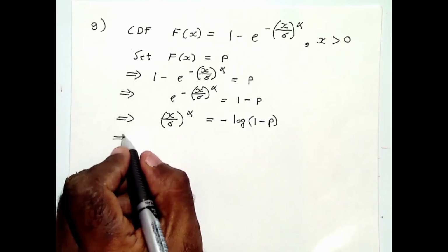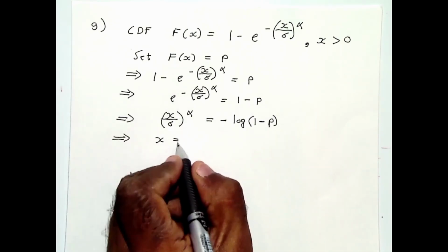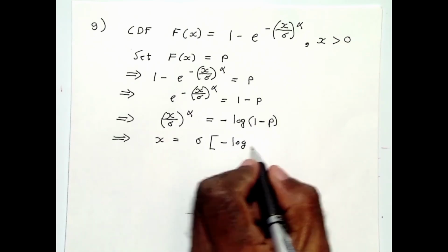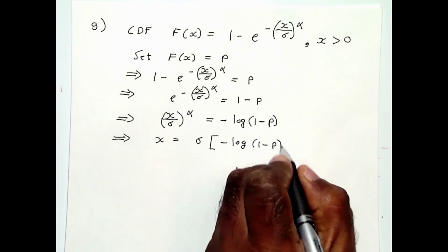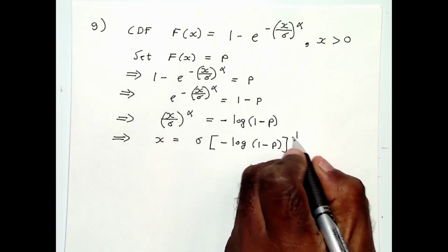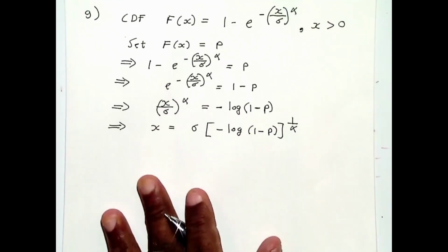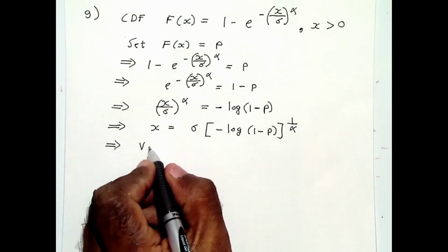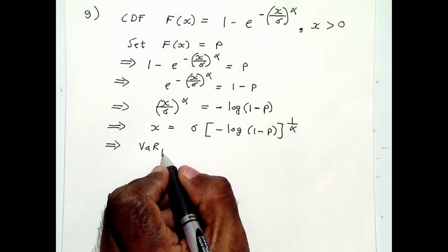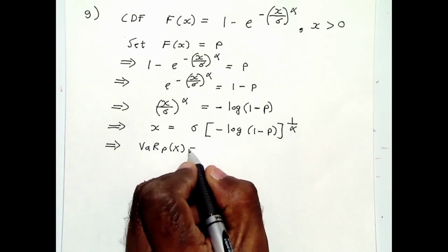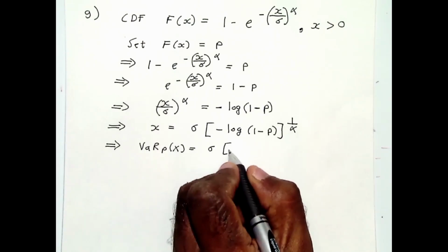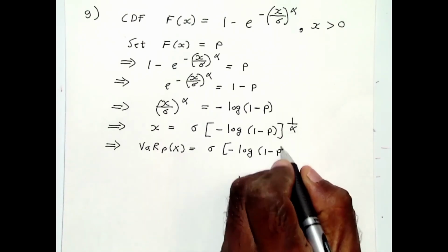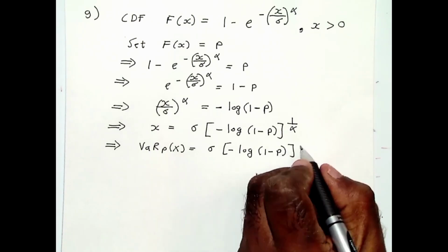So your X is going to be sigma times this. So your expression for VaR, or value at risk, is equal to sigma times this.